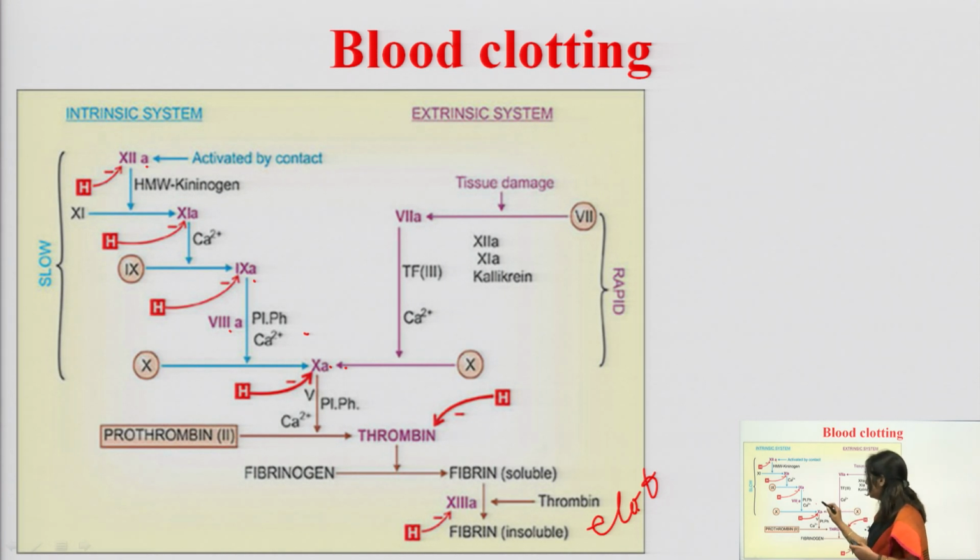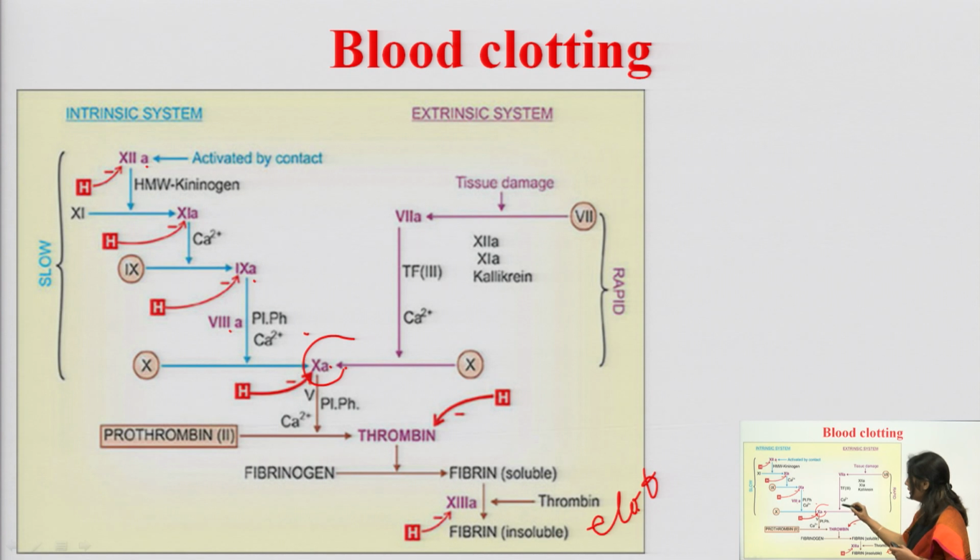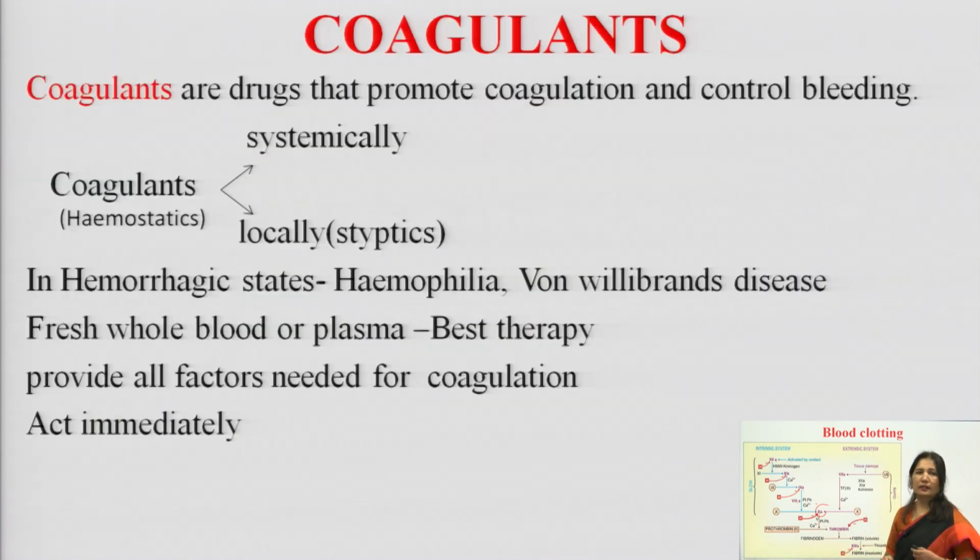This activation of factor 10A is the common step in both the intrinsic and extrinsic pathways. Factor 10A will activate the conversion of prothrombin into thrombin. Thrombin will convert fibrinogen into fibrin, and this fibrin, in the presence of factor 13 and thrombin, will form fibrin threads. So, this is the cascade of blood clotting.